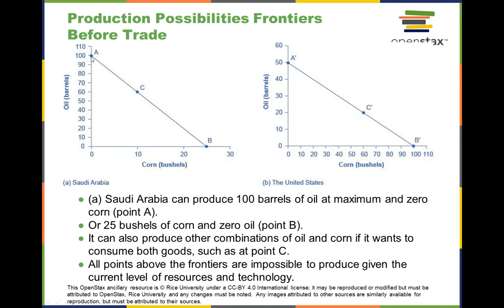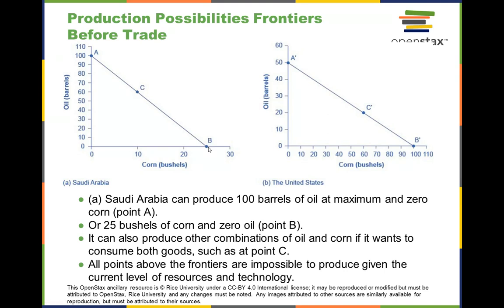So if they put all the resources into oil, they're going to produce 100 barrels of oil. And if they produce corn, they can produce about 25 bushels at the maximum point, but if they're putting everything into oil, they can produce 0 corn. So they can either produce 100 barrels or 25 bushels.